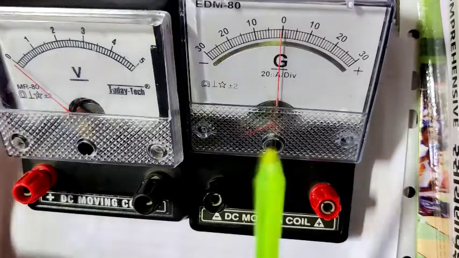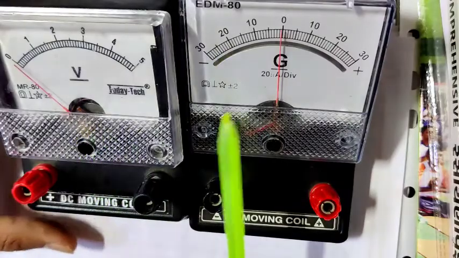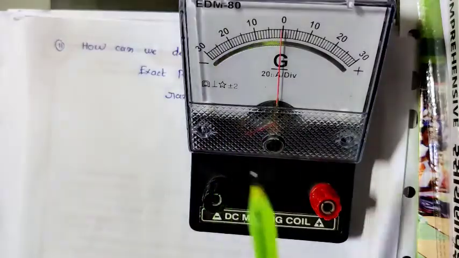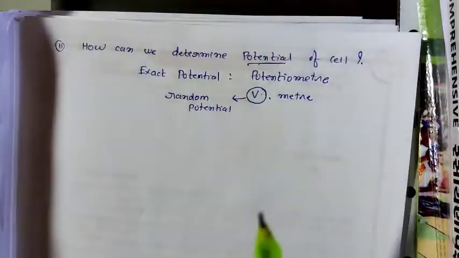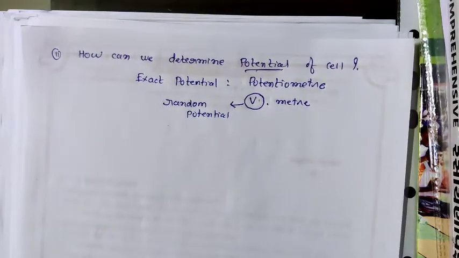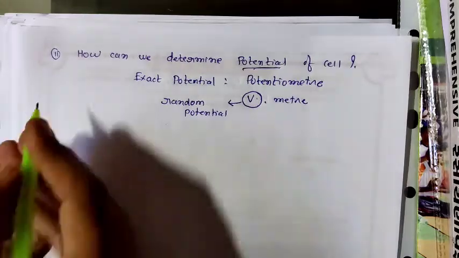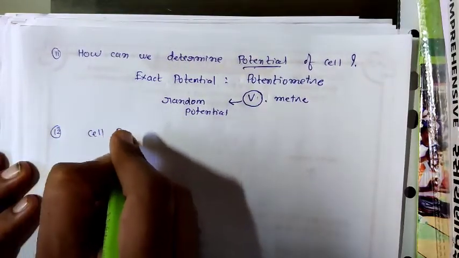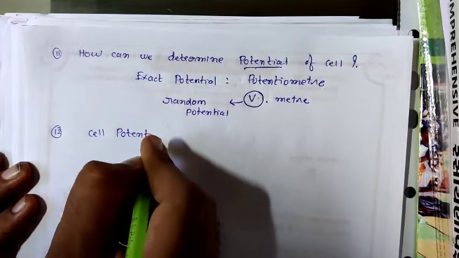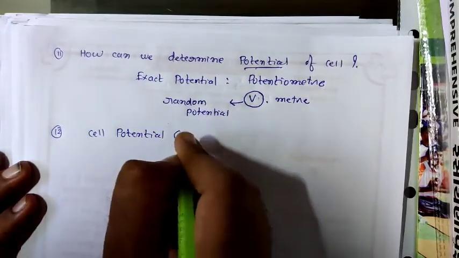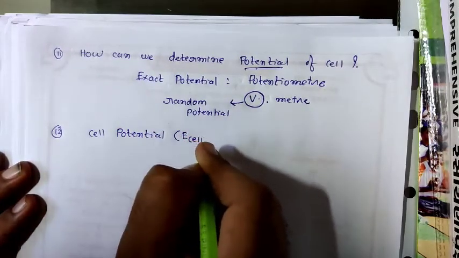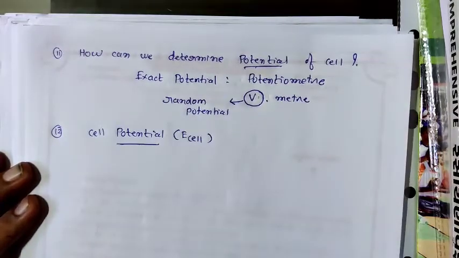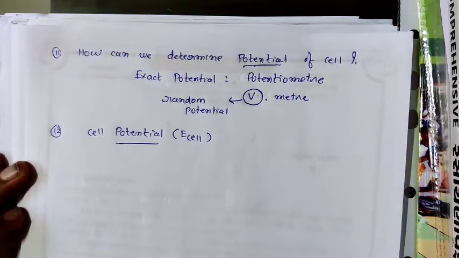Okay, but this is the basic difference between voltmeter and galvanometer. Okay, so random potential is measured by a voltmeter, while the exact value of potential is measured by a potentiometer. But the question arises in our mind: what is cell potential? The symbol of cell potential is E cell.